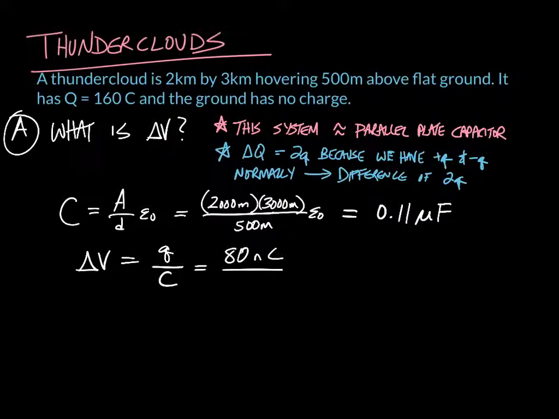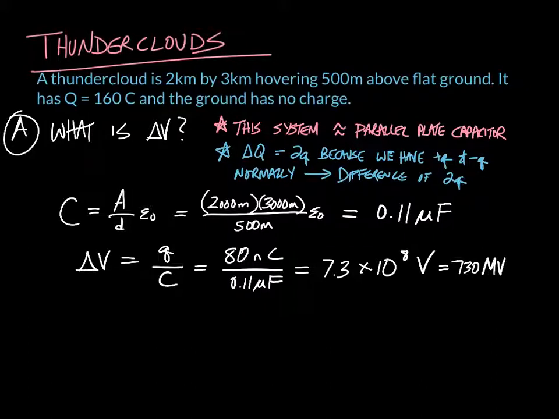So 80 nanocoulombs of charge, and 0.11 microfarads, so I have a 10 to the minus 9th over a 10 to the minus 6th. And so we end up with 7.3 times 10 to the 8 volts. 730 megavolts. That's a lot of volts. For a relatively, seemingly small capacitance, it has a huge potential difference.